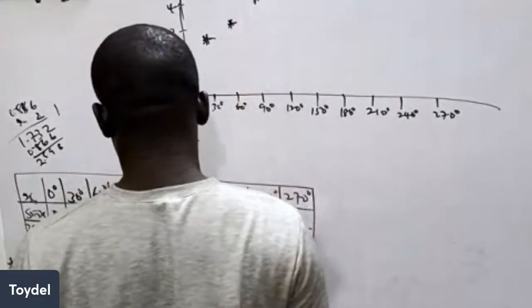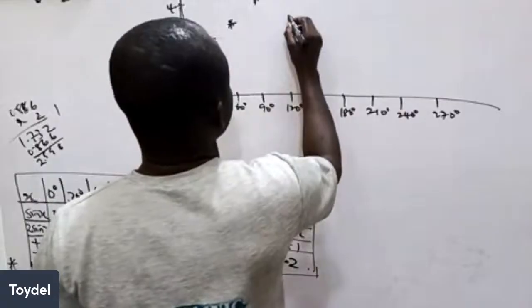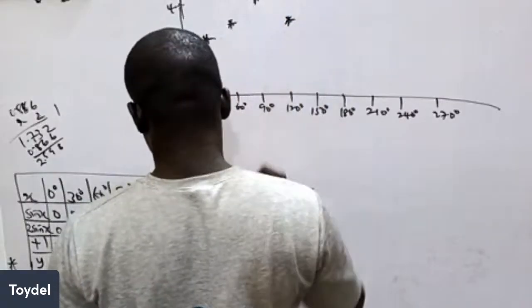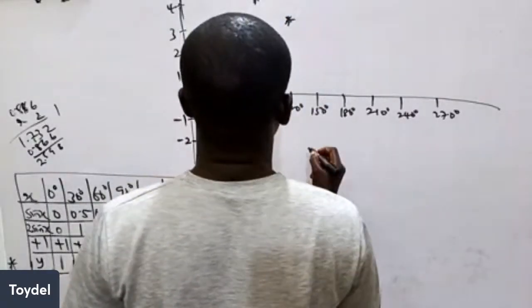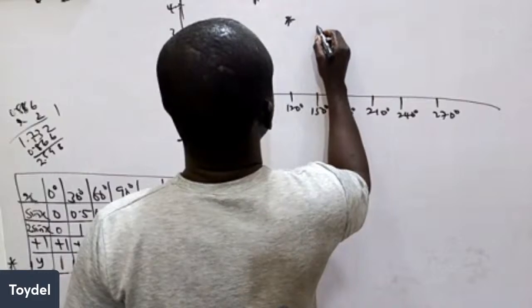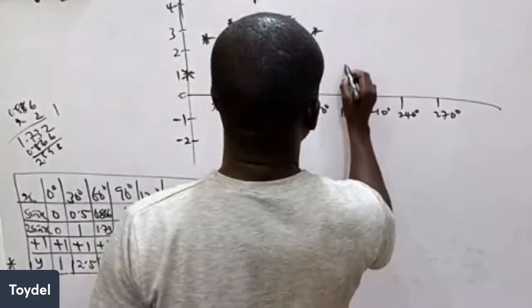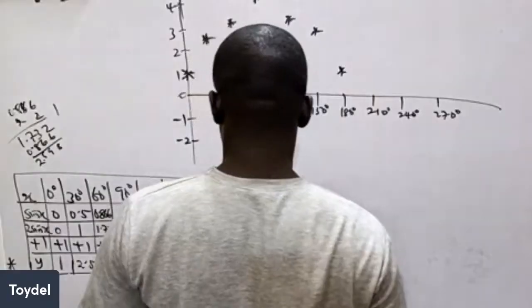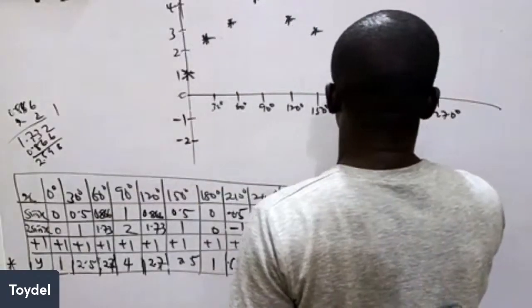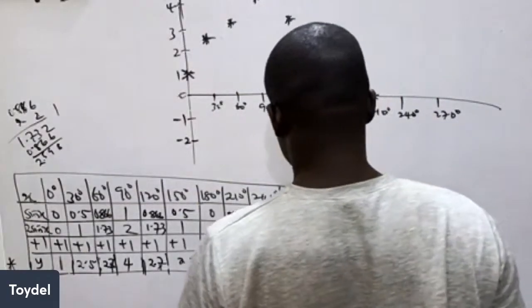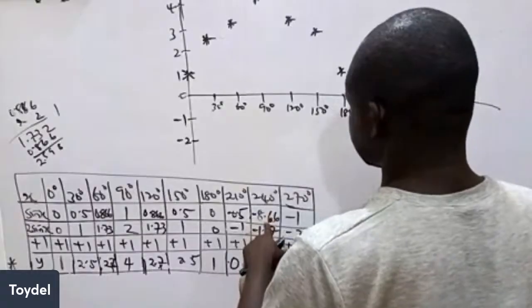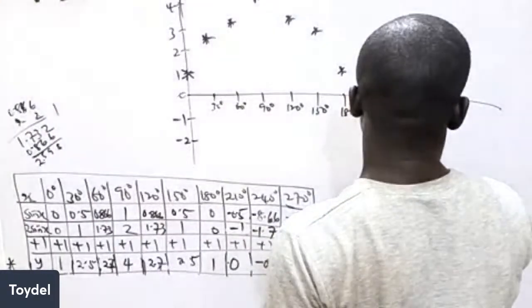When x is 120, it is 2.7. When x is 150, it is 2.5. When x is 180, it is 1. When x is 210, it is 0. When x is 240, it is minus 0.7.